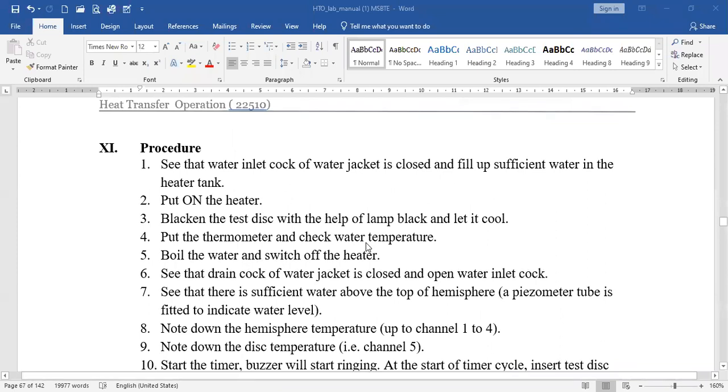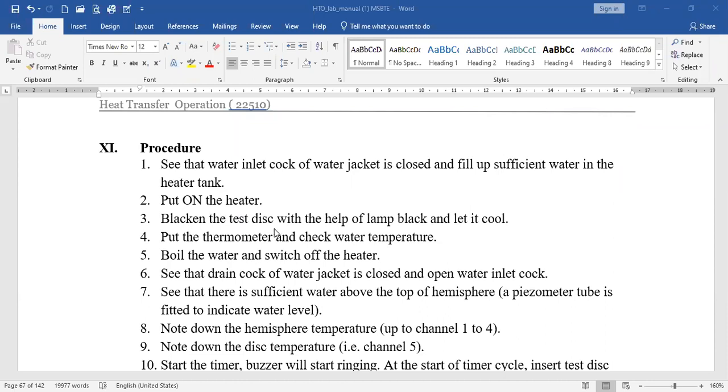What is the actual procedure? First point, see that the water inlet cock of the water jacket is closed, because we have to open this valve only after heating that water. So initially the water inlet cock of the water jacket should be closed and fill sufficient water in the heater tank, and then put on the heater.